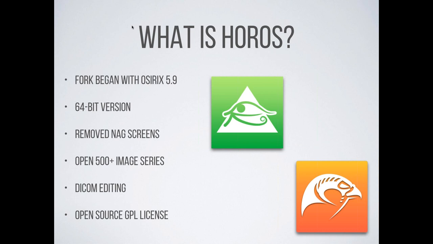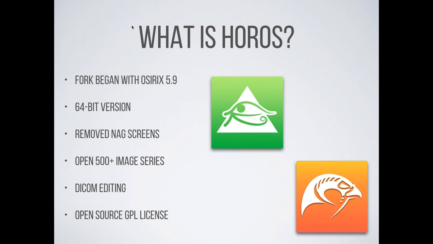Most importantly, we should talk about Horos and what it is and how it got started. Horos is a fork, and for those of you who don't know open source terminology, a fork is a derivation, following a different path, if you will, of an open source project that exists.